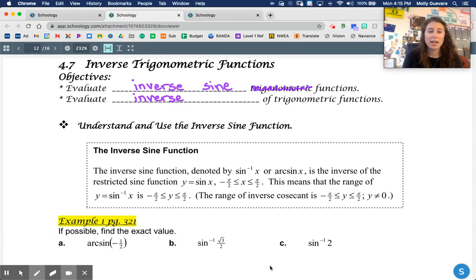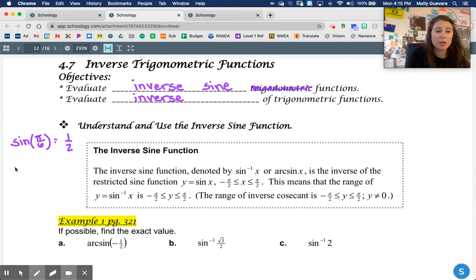And we're going to say, okay, how do I find the inverse? So basically how I like to think of the inverse is, if I asked you to find sine of pi over 6, you would tell me, okay, that is 1/2. The inverse function is just going the opposite way.